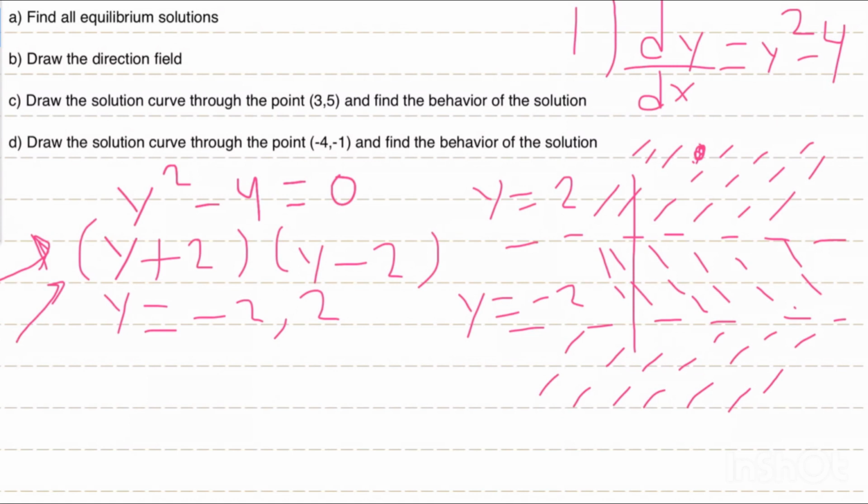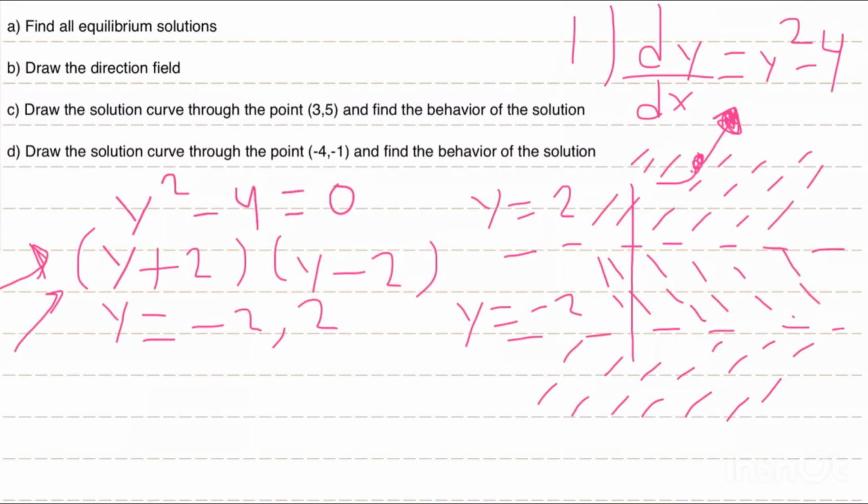As you can tell, the solution above y equals 2 just goes on to infinity. So the limit as x approaches infinity of y(x) at this point is infinity.